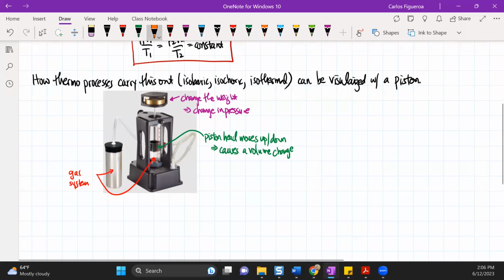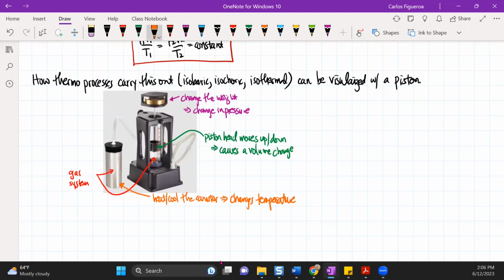And then finally, we can take this canister right here, so we can heat and cool the canister of gas. When we do this, this changes the temperature of the gas.